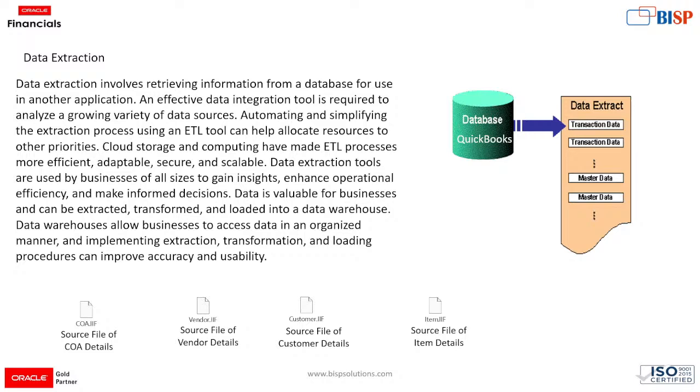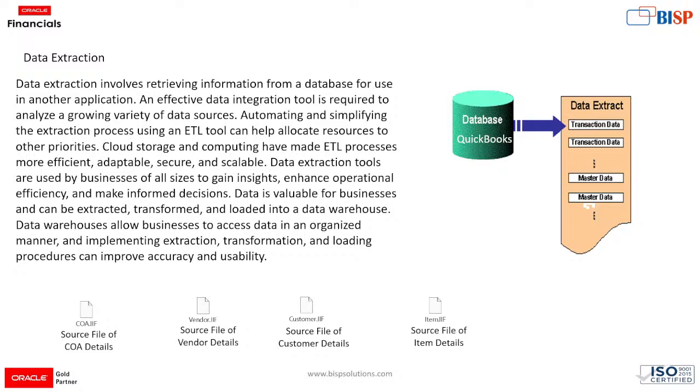A data warehouse is a central repository that stores the data from various sources in an organized manner. By implementing extraction, transformation and loading procedures, businesses can improve the accuracy and usability of the data, and make it easier to access and analyze the data.